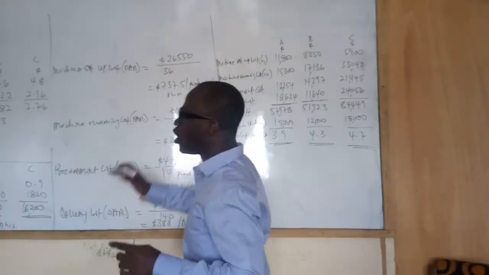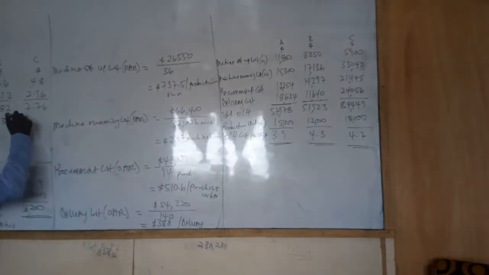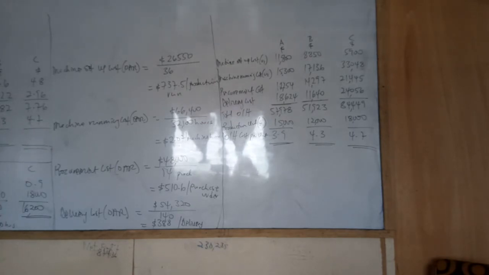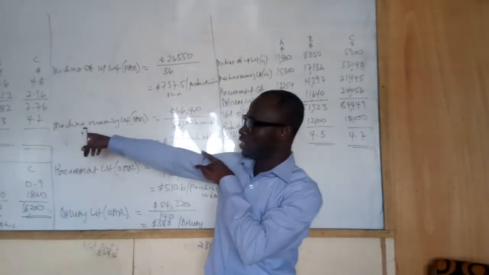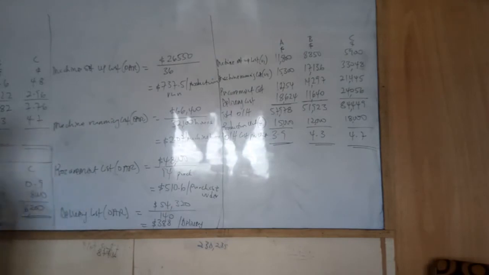So these are now the overheads that we bring here, so that now we can get a total cost per unit. So you can add that to the prime cost respectively, and then we get a total cost. So this is what the examiner said we should do, but we have to go through all of these workings to get just that one line item.